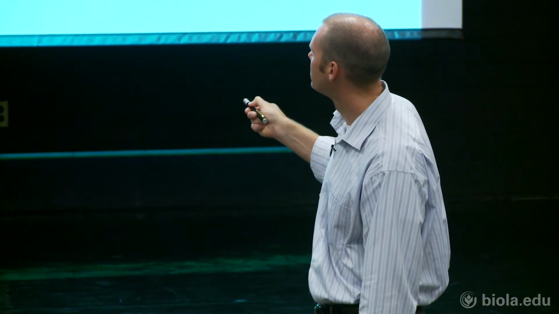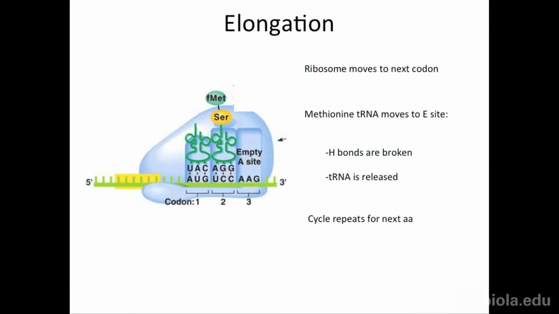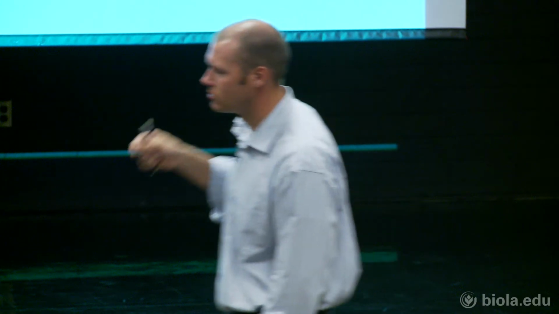So once we put on that second amino acid, the ribosome shifts over, and it puts the polypeptide, the growing protein, in the P site. Here's the tRNA left over from the methionine. It's now in the exit site. The ribosome now is going to break the hydrogen bonds that hold that tRNA and release it.